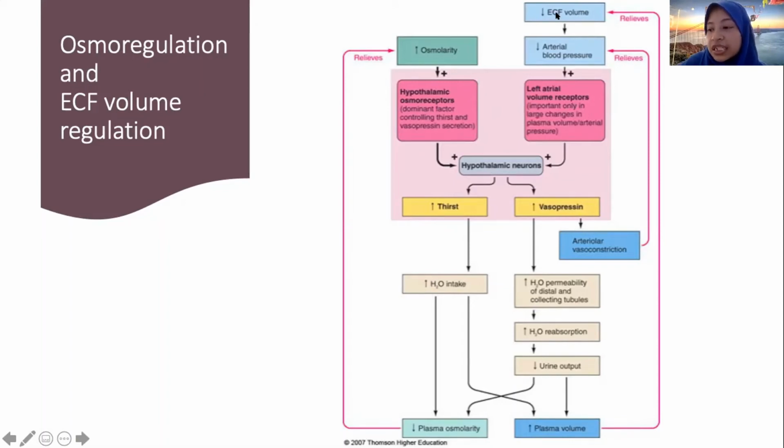If your ECF volume decreases and your arterial blood pressure decreases, and this change is large, only in large changes in plasma volume or arterial pressure, then it can also stimulate the neurons in the hypothalamus, which can lead to release of the vasopressin as well. However, this is only when you have very severe volume depletion.